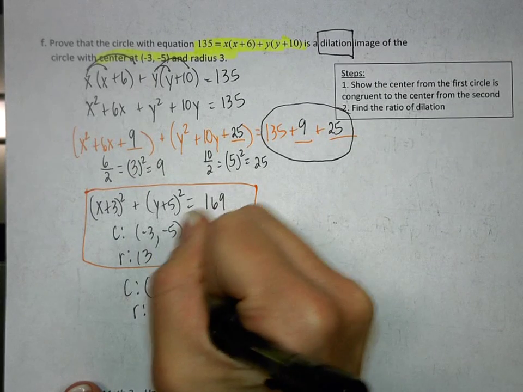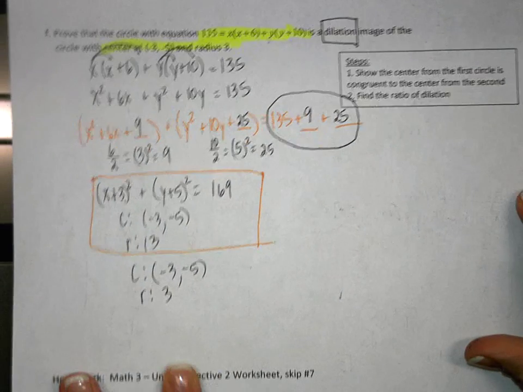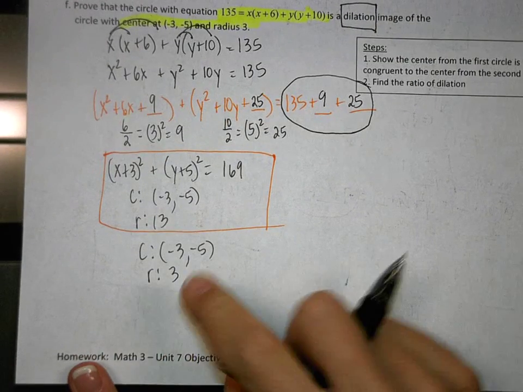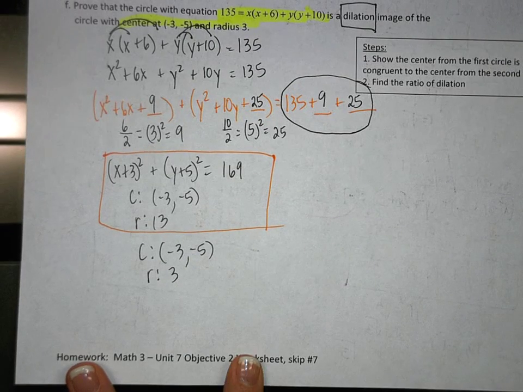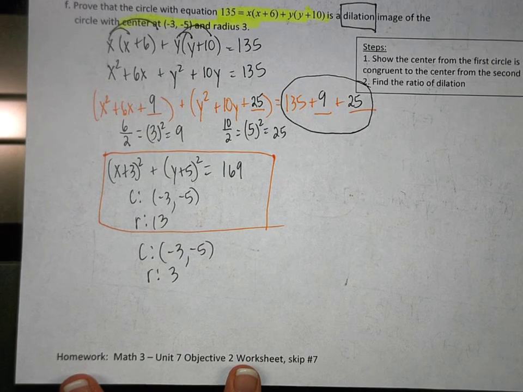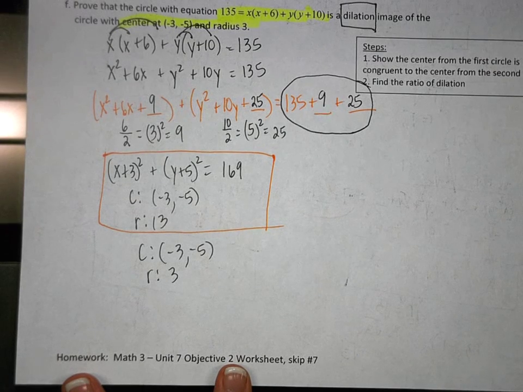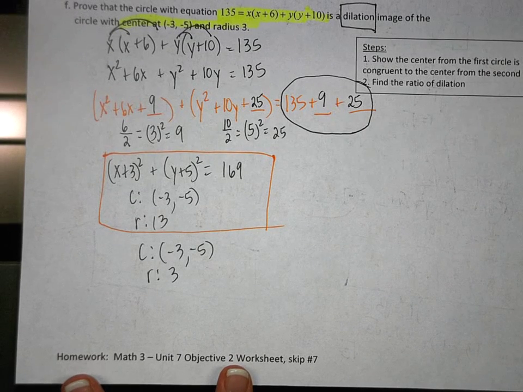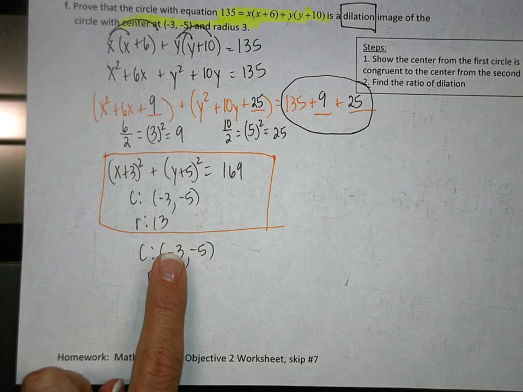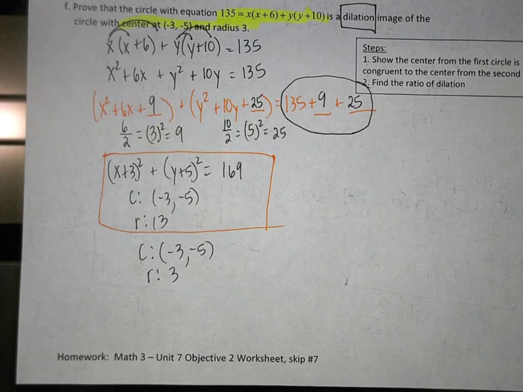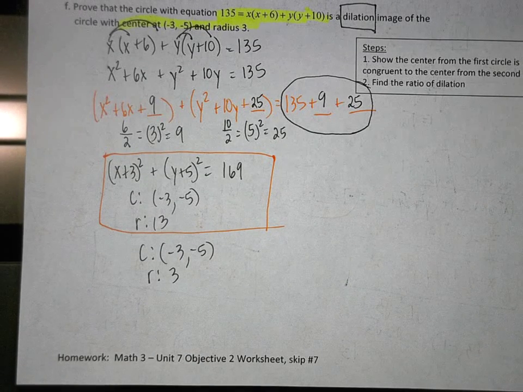Now, just for fun, to make sure we remember how to do it, could you guys write this into an equation for me? It's not really necessary, I just want you to. Just write it in your notes. Take this information right here and write the equation of the circle.